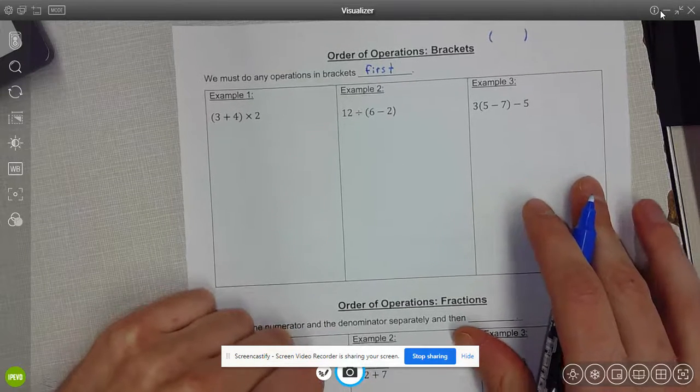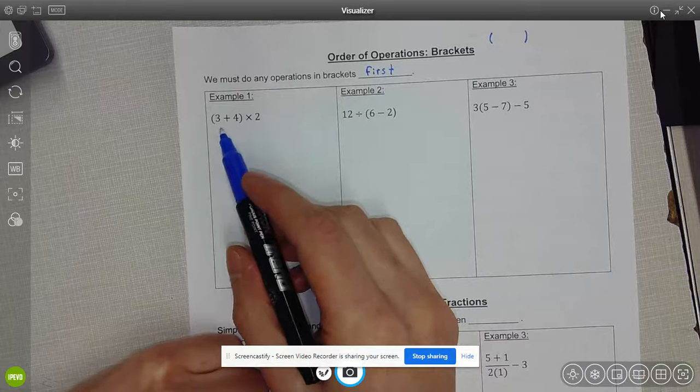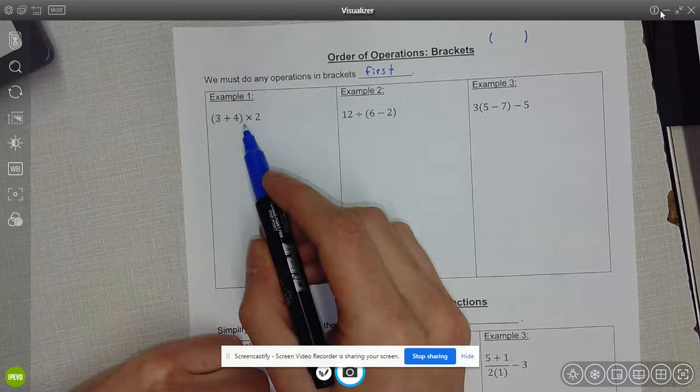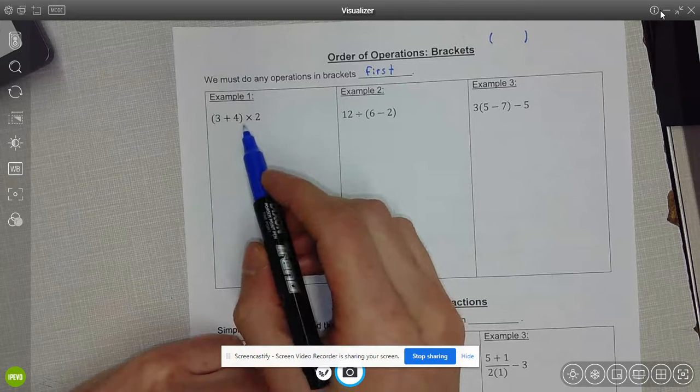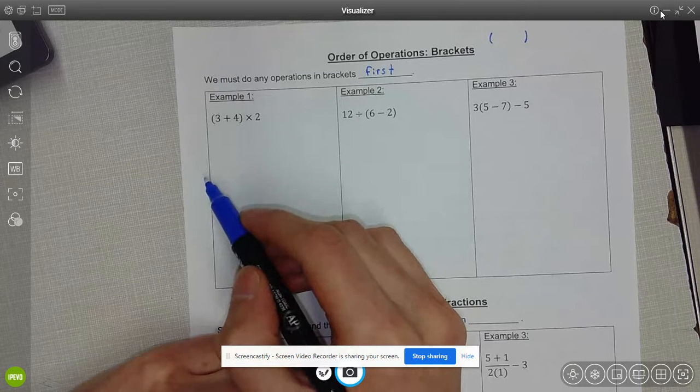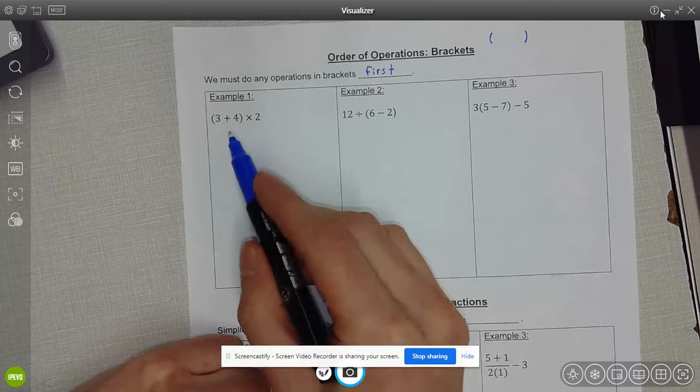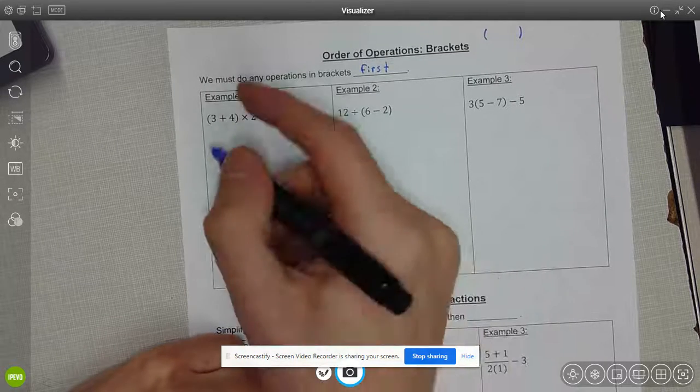So for example, this first question, 3 plus 4 multiplied by 2. Normally, I multiply before add. If I have brackets, I need to do whatever is in the brackets first.